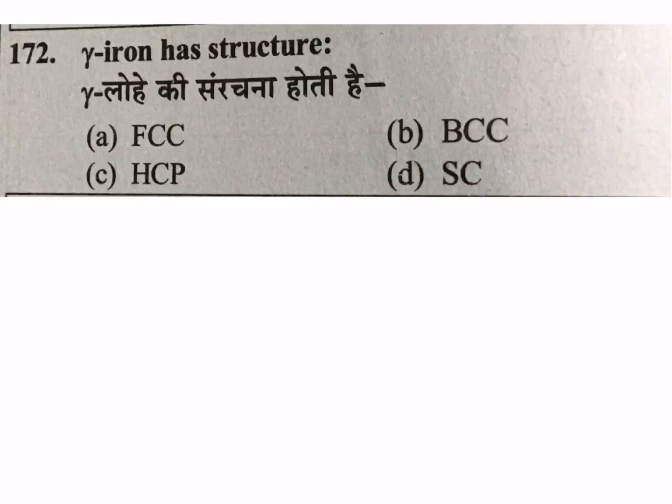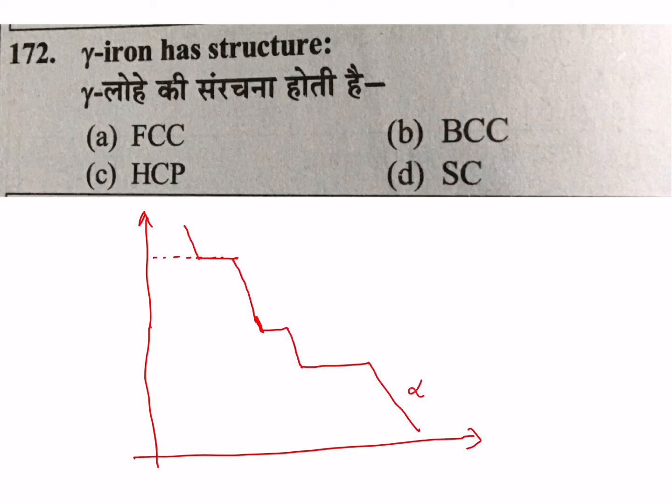Then gamma iron has which structure. First you will get alpha iron, magnetic, up to your Curie point, 768 degrees Celsius.